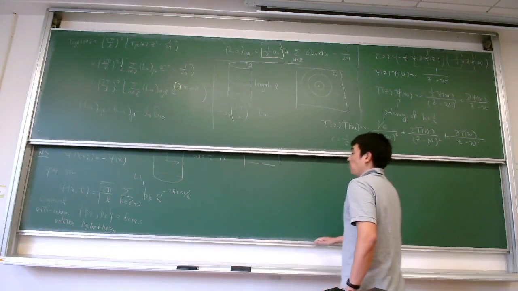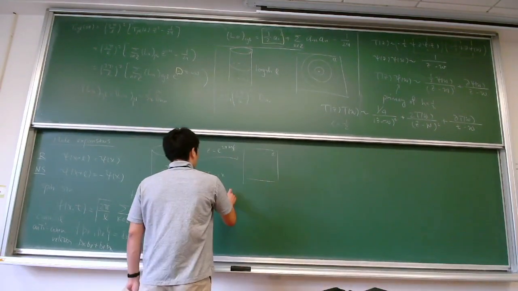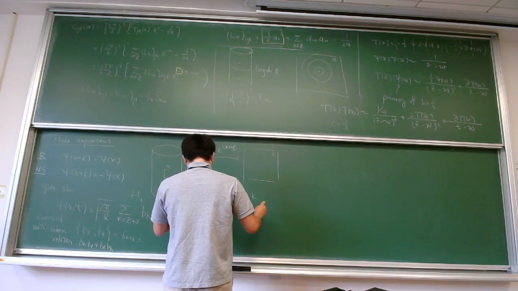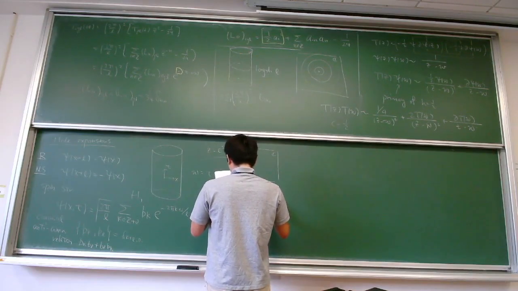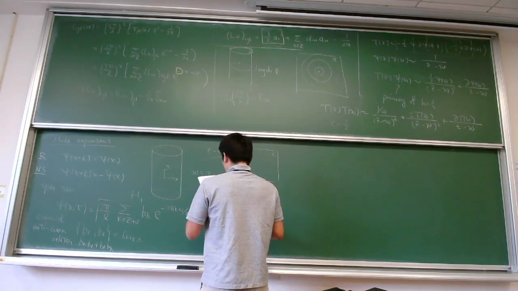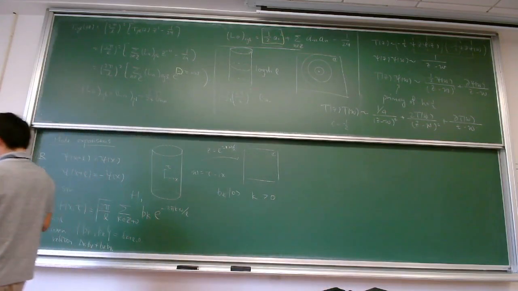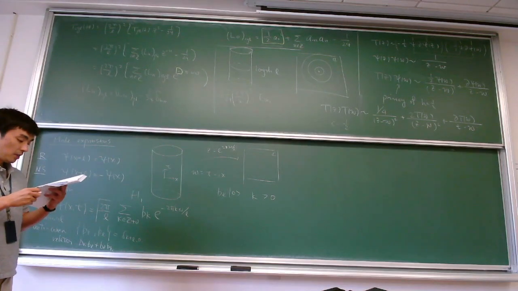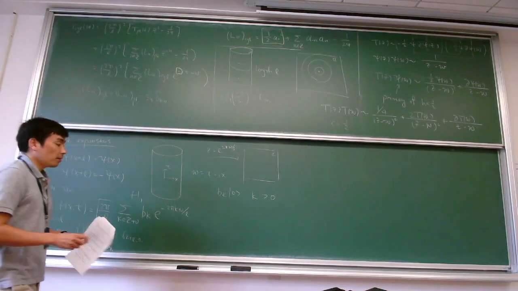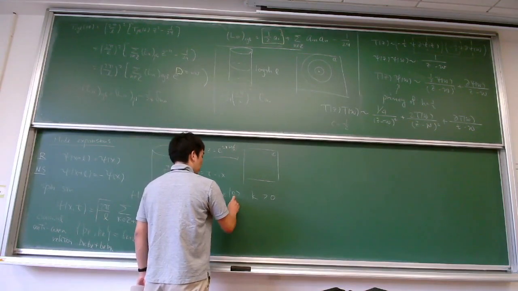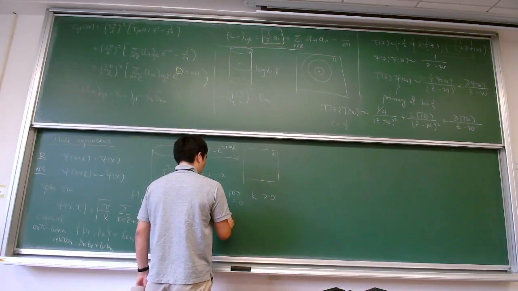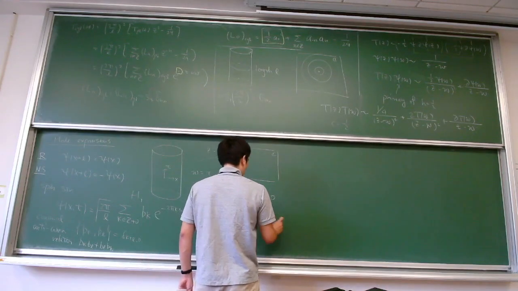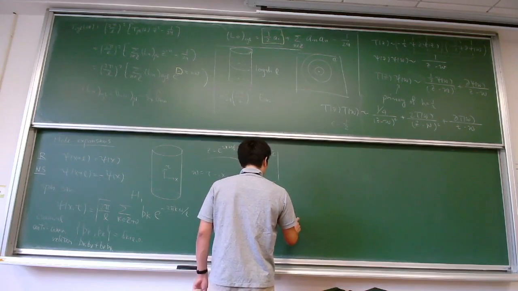And then as before, we can have a vacuum. So b_k, when k is greater than or equal to 0, is the annihilation operator, and b_k is the creation operator when k is less than 0.